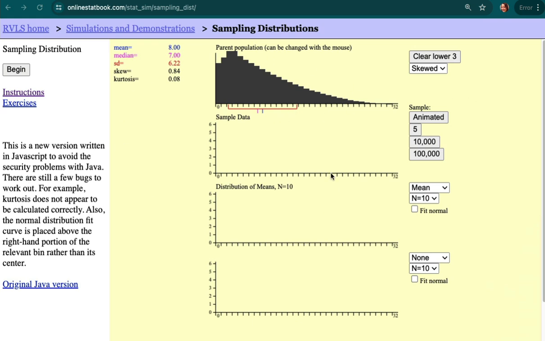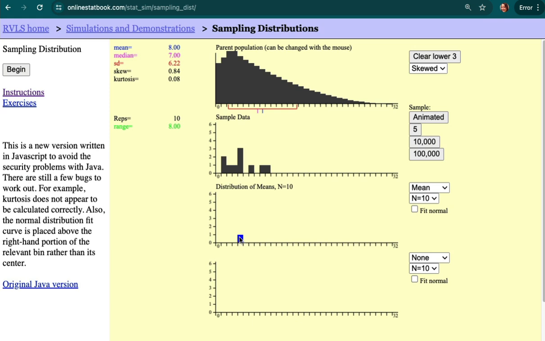So, using this website, let's go ahead and take a sample. I'm going to click on the word animate, and there's a sample of size 10 from the population. And look, on the second graph, we see the x's, and on the third graph, we see the value of x bar.